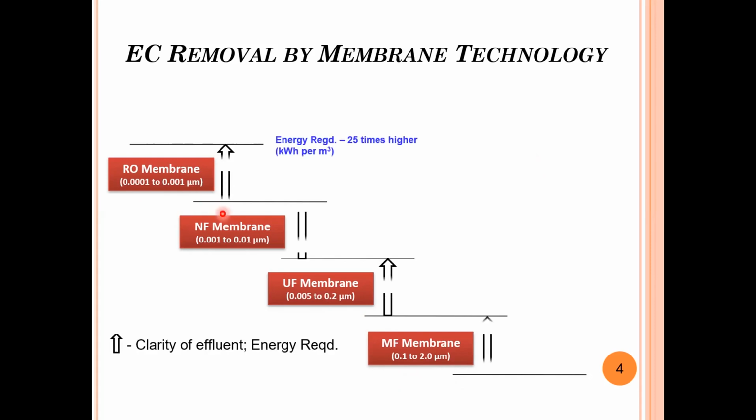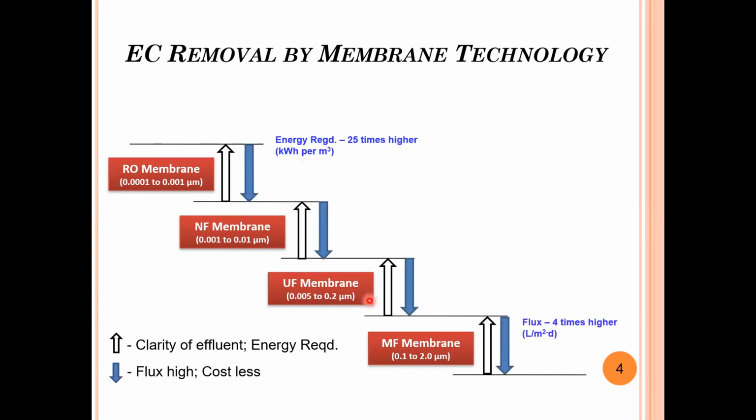The energy required for RO is 25 times higher compared to a microfiltration membrane, in terms of kilowatt hour per meter cube of wastewater. On the other side, if you compare a microfiltration membrane with an RO membrane at a given pressure, the flux is 4 times higher in the microfiltration membrane, in terms of liters per meter square per day, or LMH.